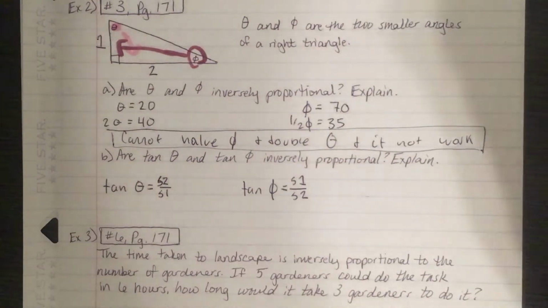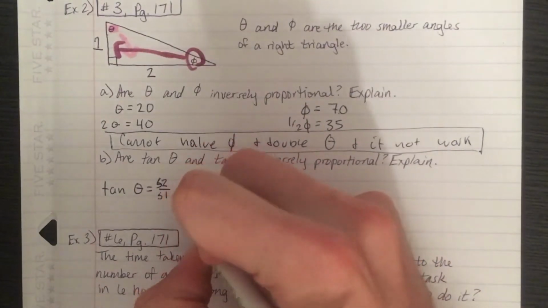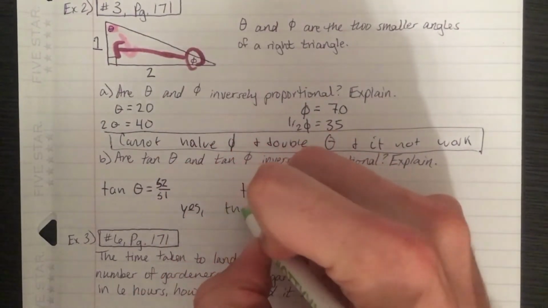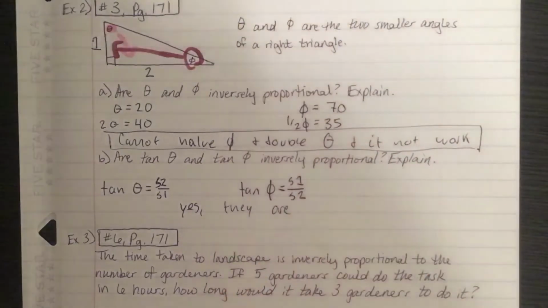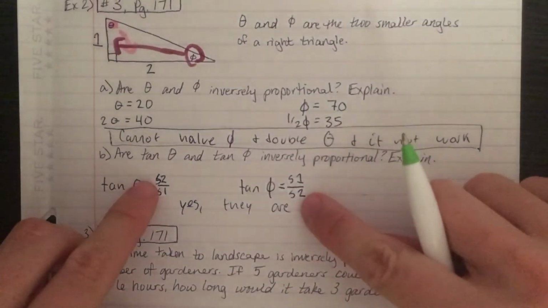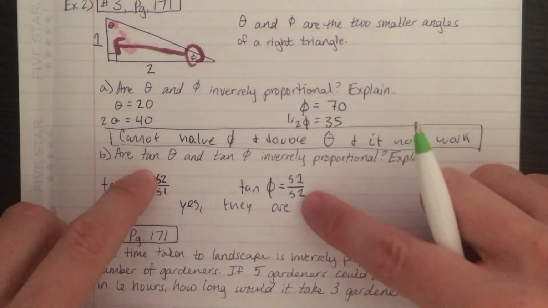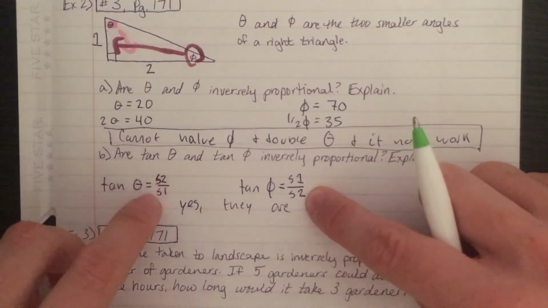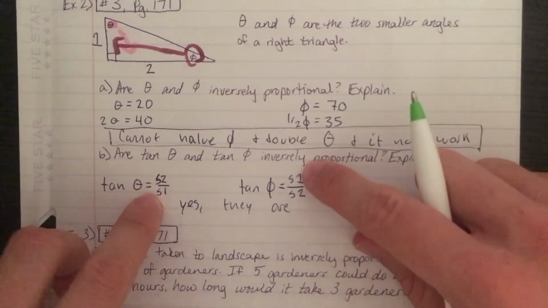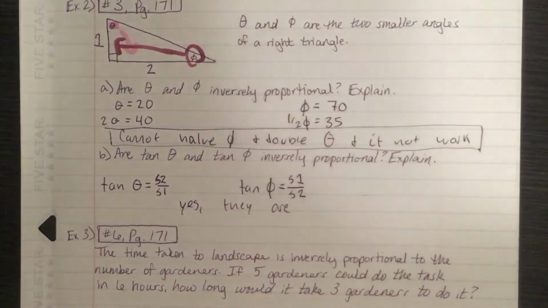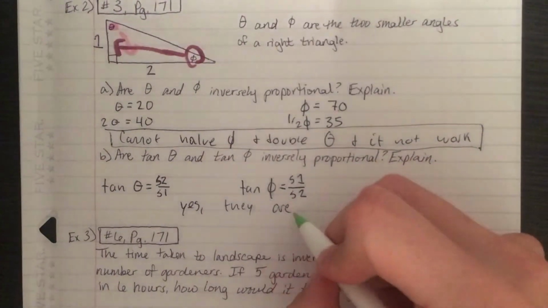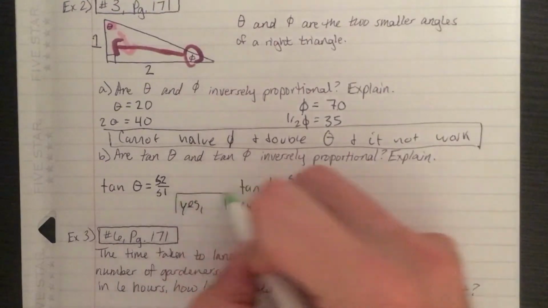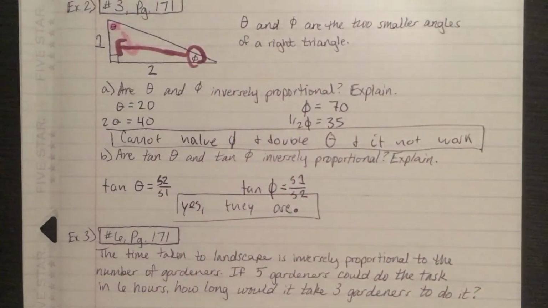So yes, they are, because this one's multiplying side 2, this one's dividing side 2, this one's dividing side 1, this one's multiplying. They're doing the opposite things there. And so this is inverse variation.